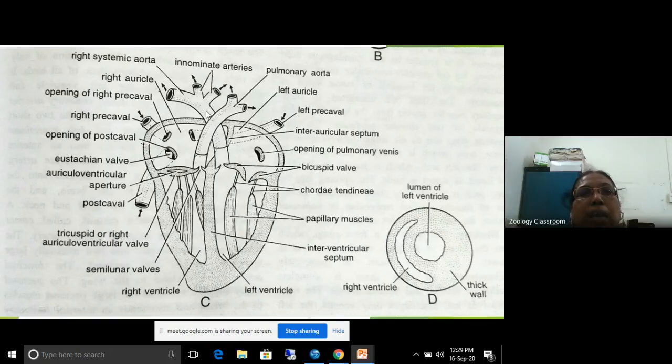In the bird, there is a right systemic aorta which opens through the left side, collects blood from the left ventricle, and supplies it to all body parts. So only one systemic aorta is present in the bird, on the right side. In the mammal, it is on the left side. So this is the bird heart.